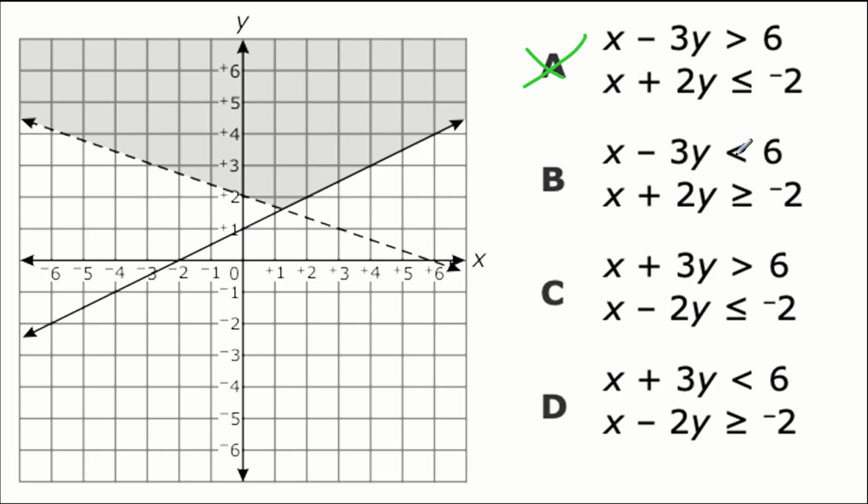We have to flip that. That's above. That's above. So that's a possibility. C, we got above. We flip that around. That's above. So that's a possibility. This one we got below and below. So D is out. So now it comes down to those two.